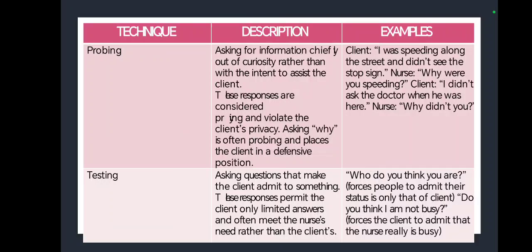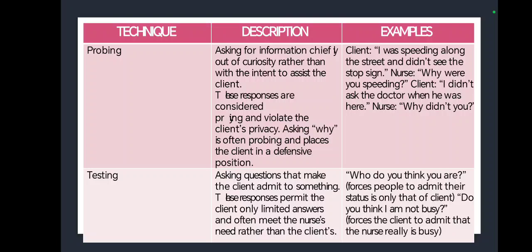Another is probing, asking for information chiefly out of curiosity rather than with the intent to assist the client. Example, the husband and wife fought during your assessment, and then you probe them, why did you fight? Any problems? Oh, I have also my problems too. So that's probing. That's not good because there will come a time that the patient will tell you, you're very nosy, right?